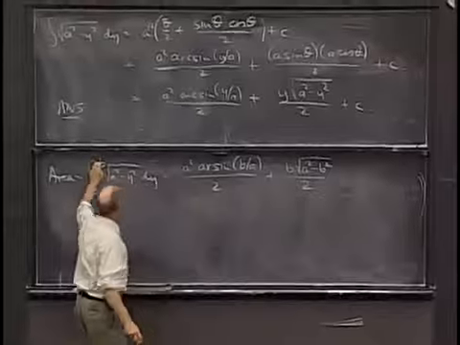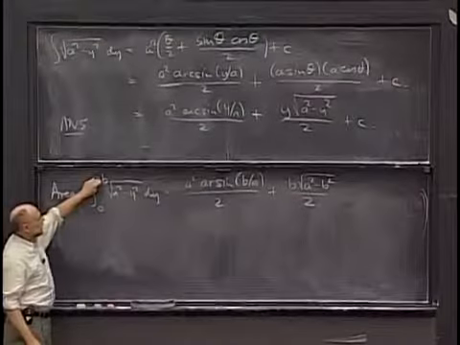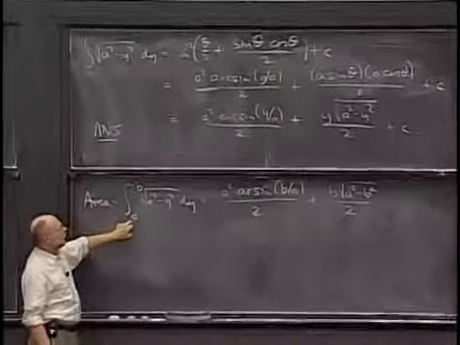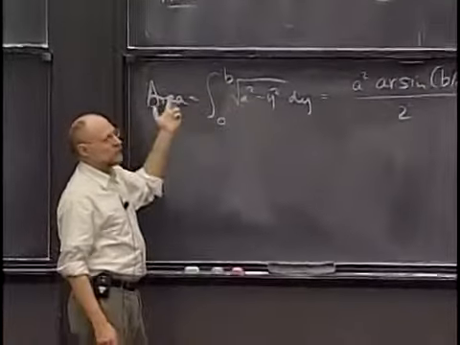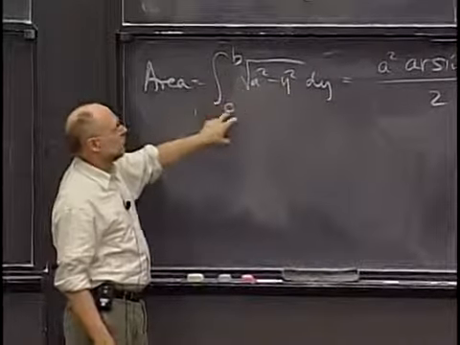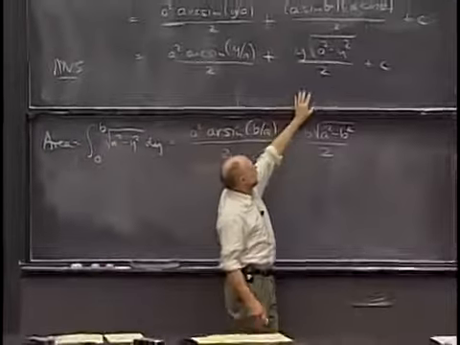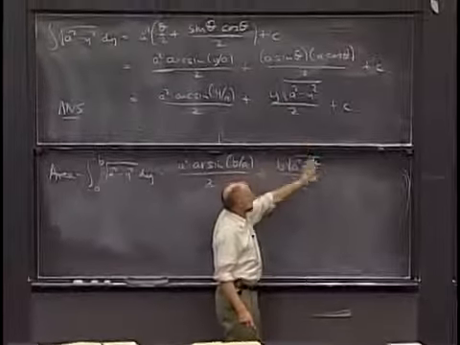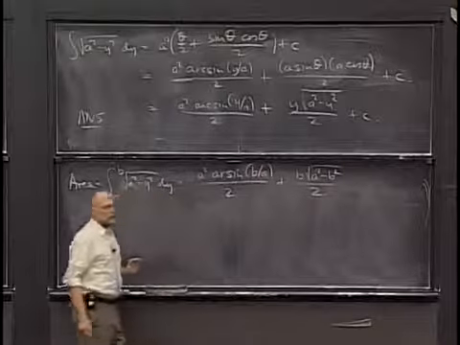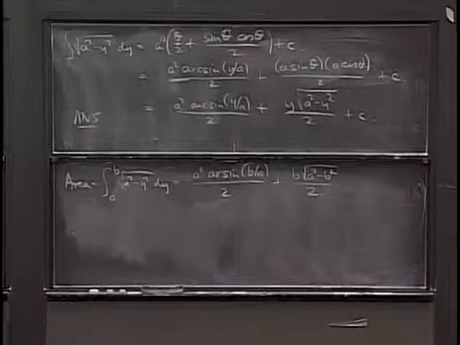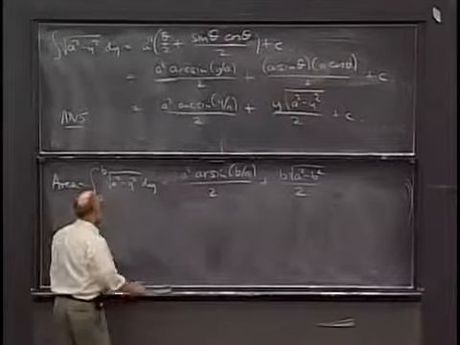So I've plugged in y equals b into that formula. This is what I get. Then when I plug in y equals 0, well, the sine of 0 is 0, so the arc sine of 0 is 0. So this term goes away. And when y is equal to 0, this term is 0 also, and so I don't get any subtracted terms at all. So there's an expression for this.